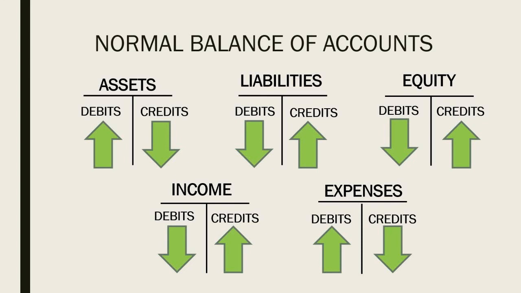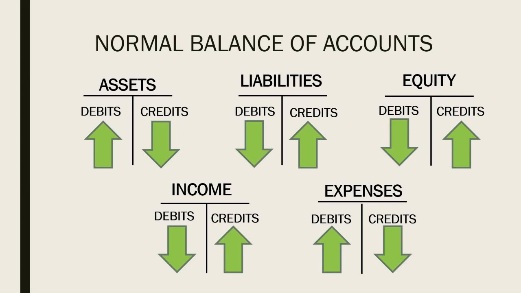Okay, so this is how transactions are determined and which way the flow of the transaction actually works. So again, when we're looking into an asset, it's going to be increased by a debit, but it's going to be decreased by a credit.